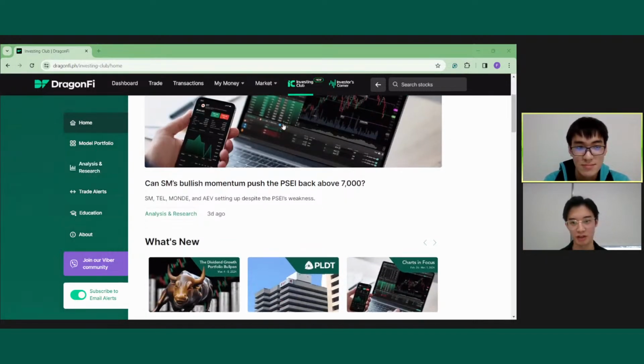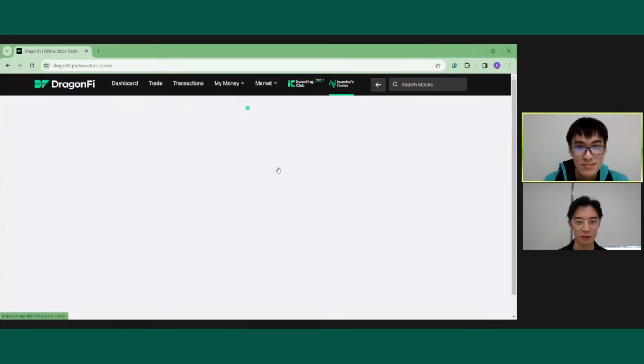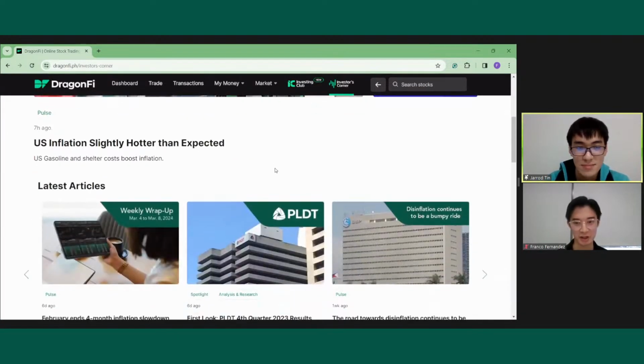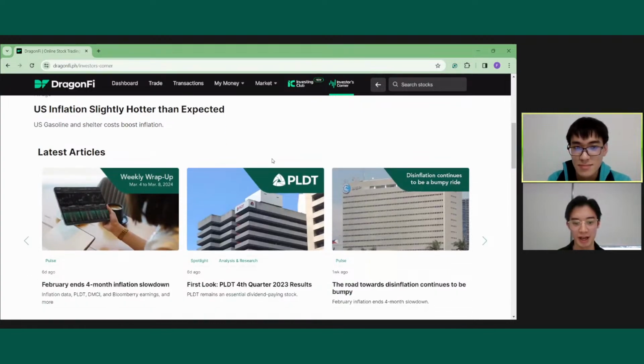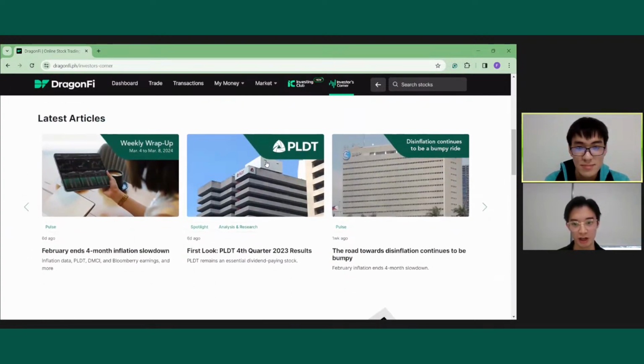We also have our trade alerts. And for account holders, one of the nice things that we do is we send out weekly updates. That includes our weekly wrap-ups, our bullpen updates, and our charts in focus, which are there to supplement your trading journey. Yes. And that is all for our demonstration.